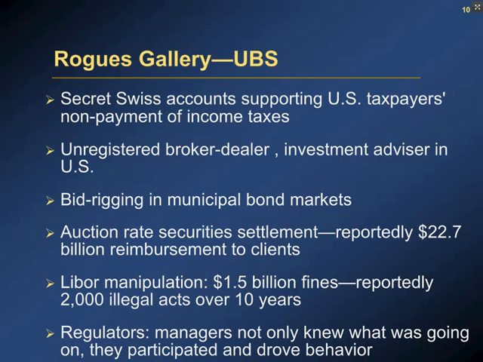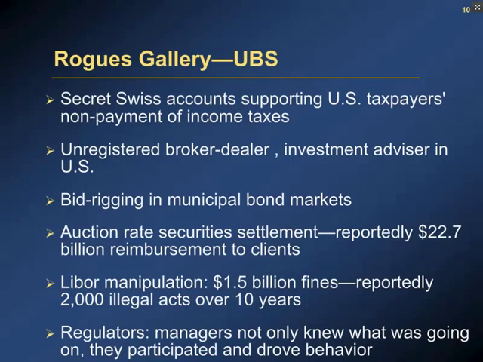They are reported to have paid over $22 billion in reimbursements to clients for its actions. They are involved in the LIBOR scandal. They've paid $1.5 billion already. And what the regulator said here, the managers not only knew what was going on, they participated and drove this behavior.